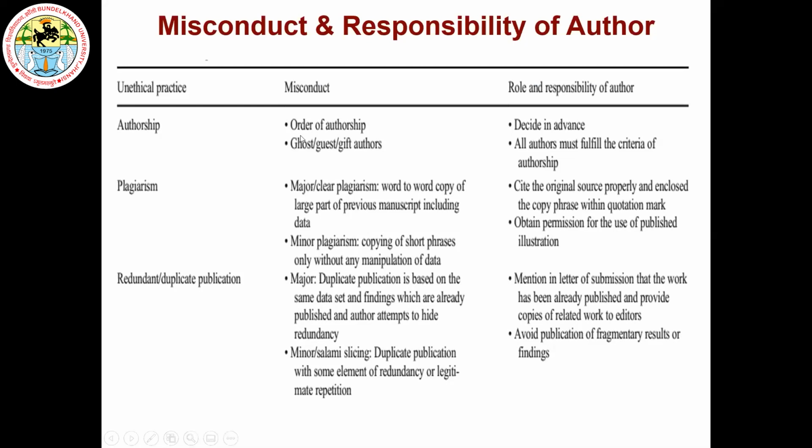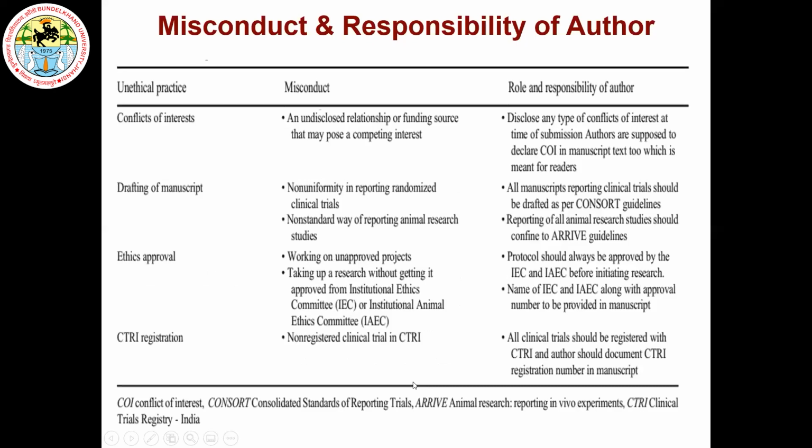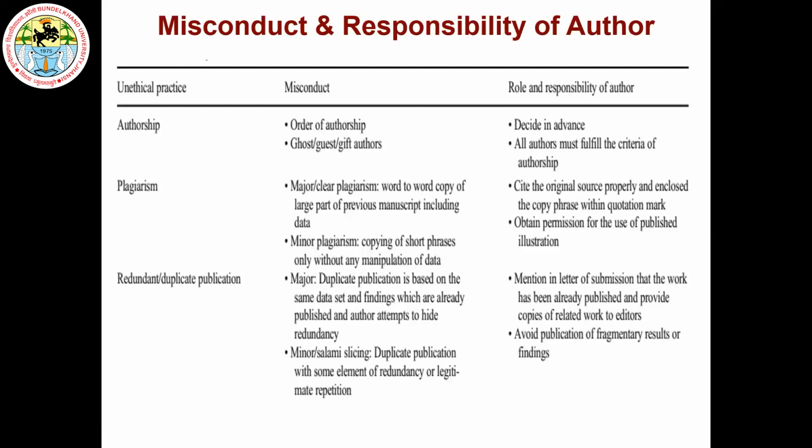Then duplicate publication, redundant publication. Major duplicate publication is based on the same data set and findings which are already published, and the author attempts to hide redundancy. Second is minor or salami slicing, duplicate publication with some element of redundancy or legitimate repetition.